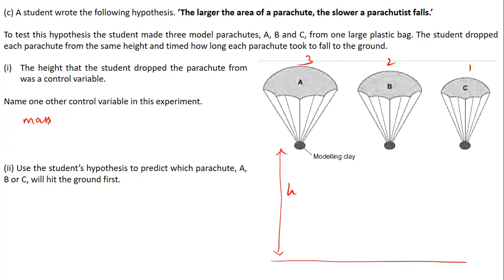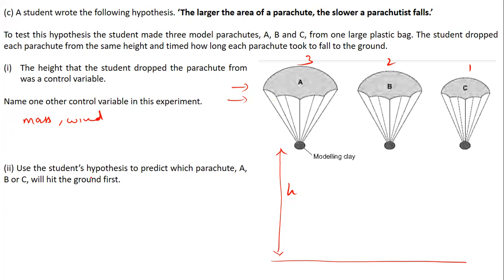No, I'm not sure. What about the wind? If the wind is blowing in this direction and you do it in an outdoor environment, definitely you will get a different result, which will not be correct, right? So that also could be one of them.